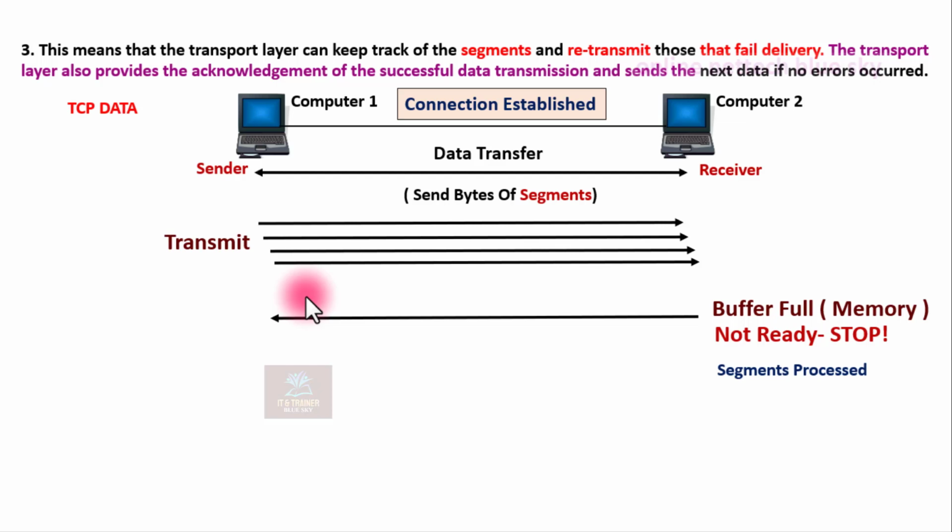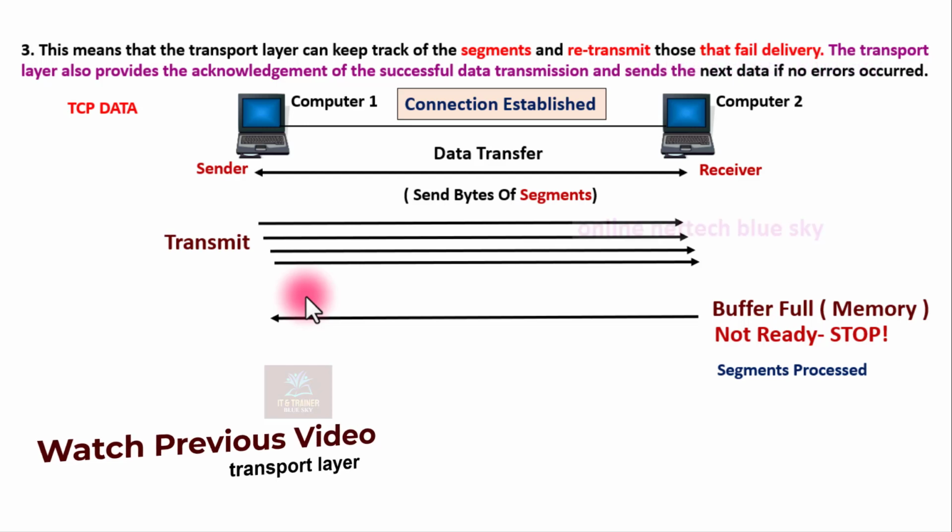The main point is that the transport layer does not send data directly in 1 second. It depends on your data size, and the transport layer creates segments automatically. This is very important for understanding data transfer.